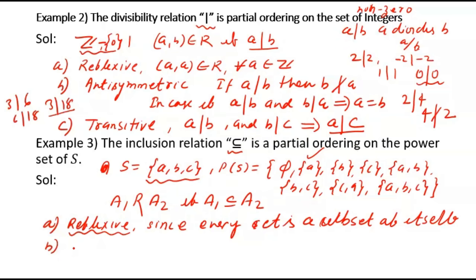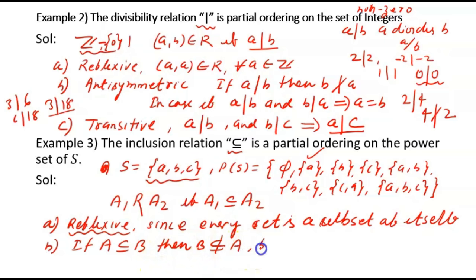It is anti-symmetric because from the properties of set theory we know that if A is a subset of B, meaning A is related to B, then B is not a subset of A, right?